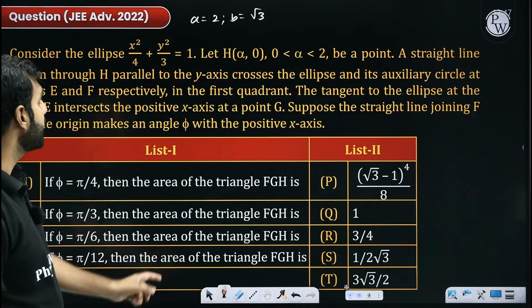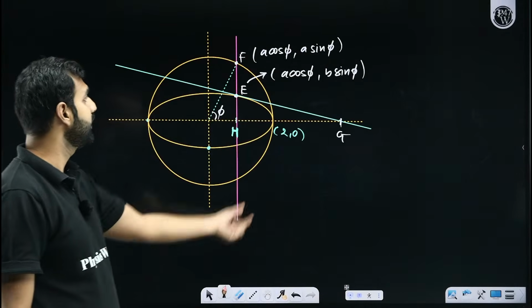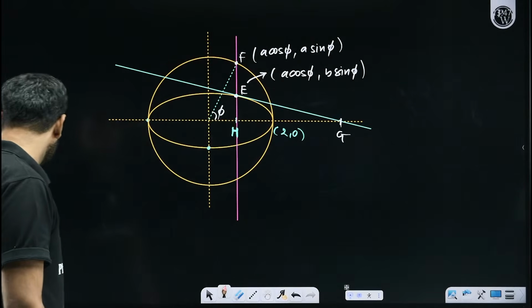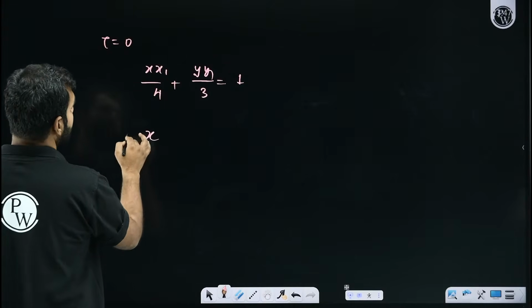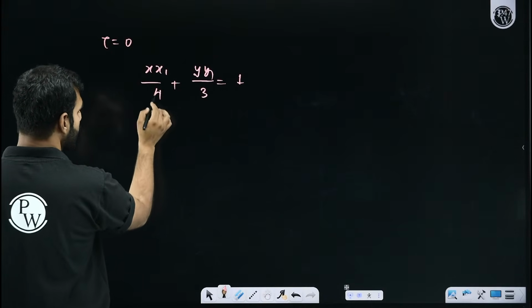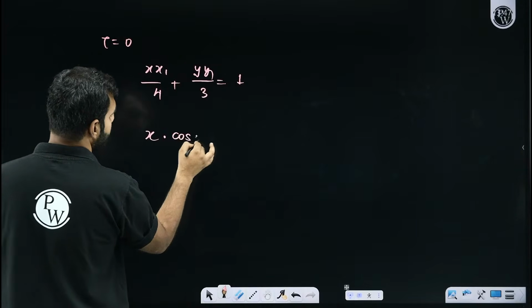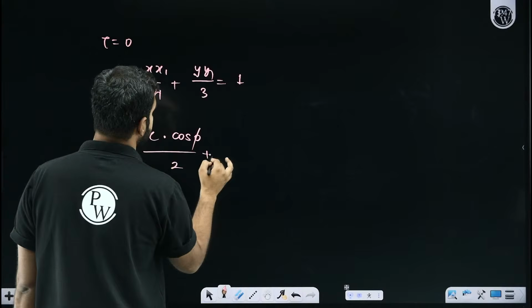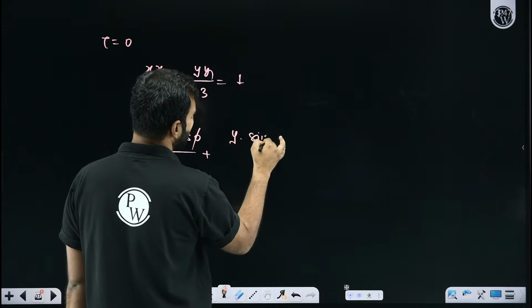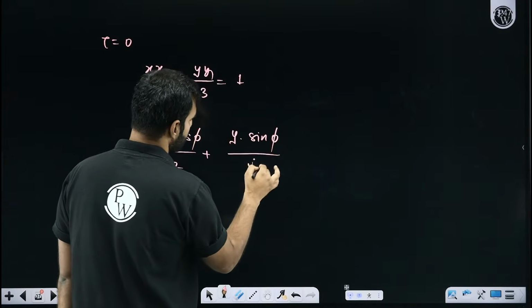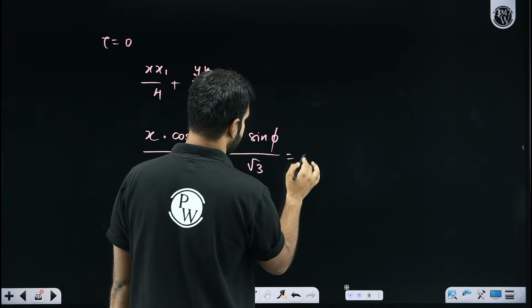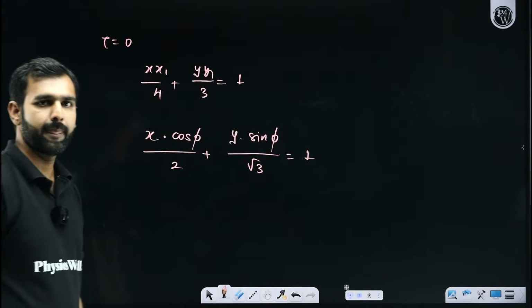With this, what are x1 and y1? X1 and y1 are a cos phi, b sin phi. So this is going to be x a cos phi, and this is your a square only. So x into cos phi by 2 plus y into sin phi by root 3 is equal to 1, or minus 1 is equal to 0, whatever you wish to take.